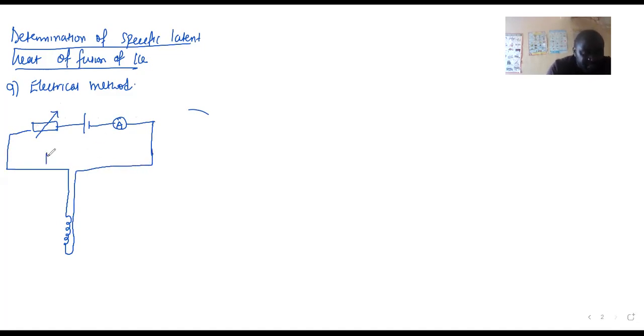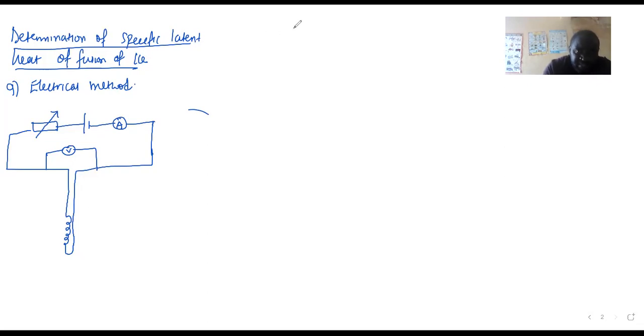And this heater, we can measure its voltage across it using a voltmeter. One of the errors here, like I mentioned in the earlier experiments for the electrical method, is that people interchange the ammeter to the position of the voltmeter and the voltmeter to the position of the ammeter.